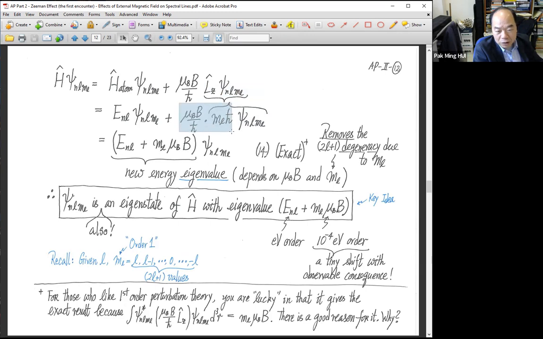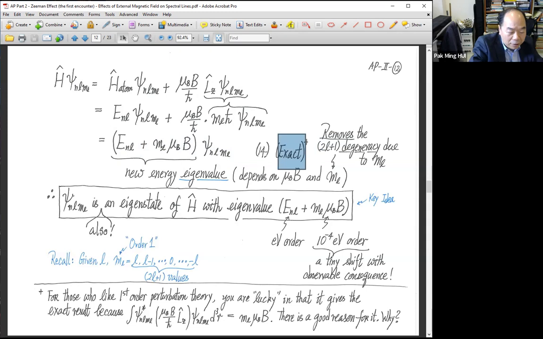This combination are constants. Therefore, we solved the problem. Factorizing the wave function now, H psi equals a number times psi. The new eigenvalues have been modified by the B field. Nonetheless, we solved the problem exactly.